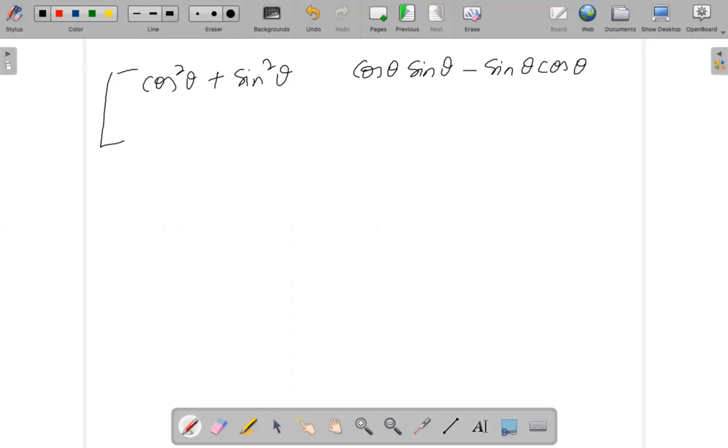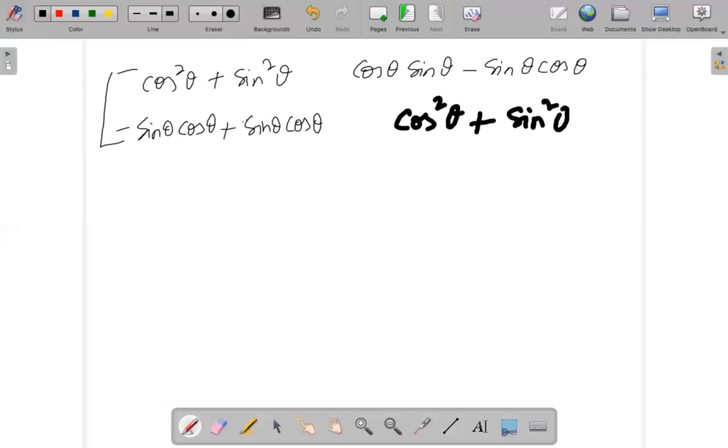Then minus sine theta cos theta plus cos theta sine theta. Either you can write cos theta sine theta or sine theta cos theta. And the last one, cos square theta plus sine square theta. Those are the brackets.